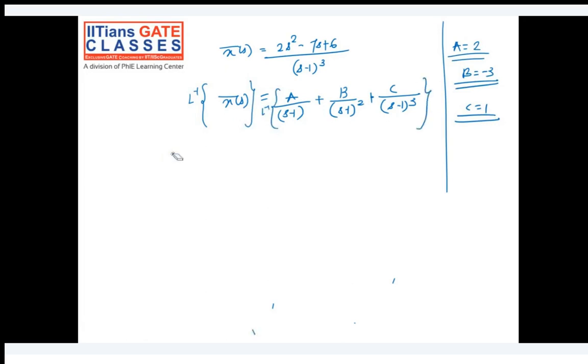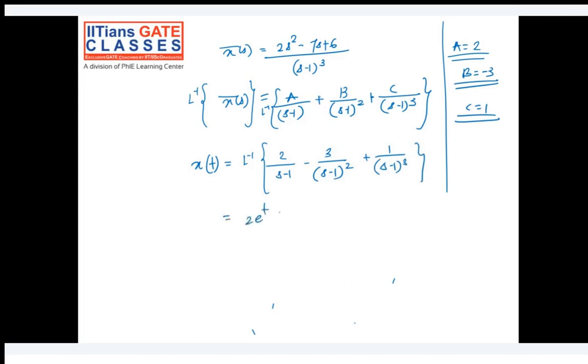After taking inverse Laplace on both the sides, you can write x of t basically will be equal to inverse Laplace of 2 by s minus 1 minus 3 by s minus 1 whole square plus 1 divided by s minus 1 whole cube. So 2 by s minus 1 is 2e to the power t.